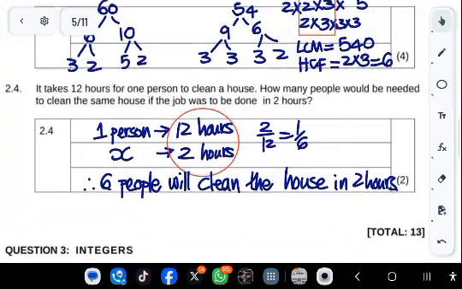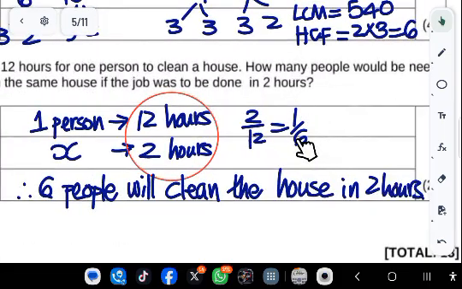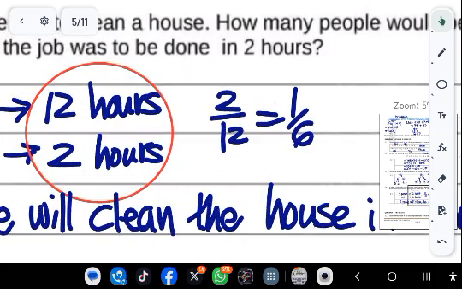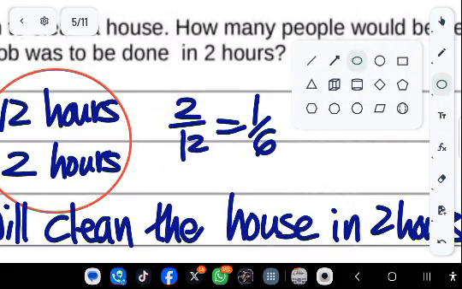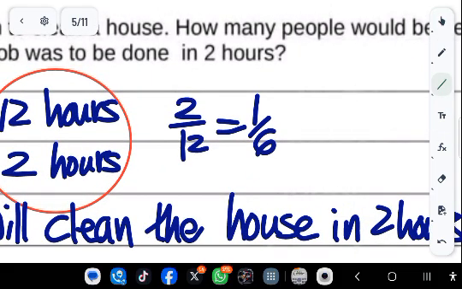Find the ratio, and then it will tell you all the information you need. So the number of people you needed for 12 hours is 1, and the number of people you will need for 2 hours is 6.